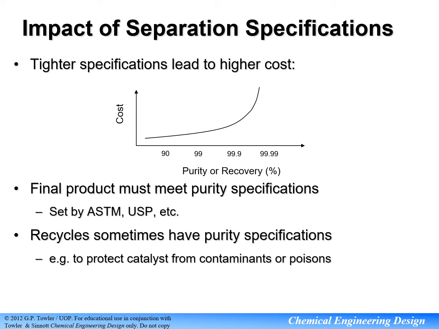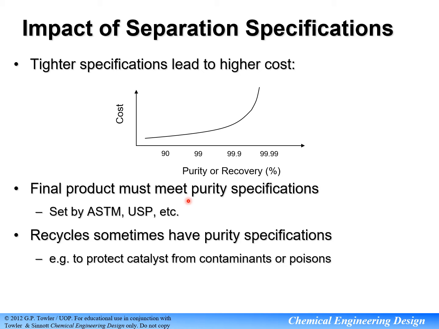So, the impact of separation specifications. In terms of cost, the tighter specification leads to higher cost. If we need more purity or higher recovery of product, the cost will increase. The final product must meet purity specifications.